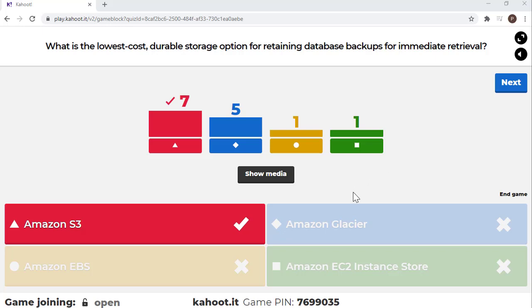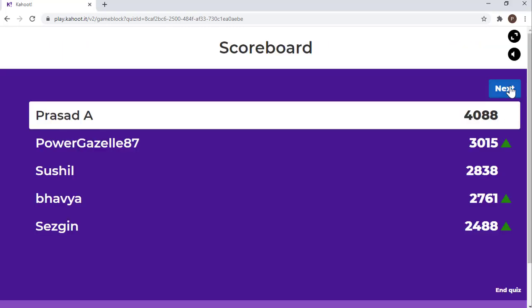Amazon Glacier is not the right answer because it will not be available for immediate retrieval. Glacier is mainly for archival, and it takes time to retrieve the data from the archive. Amazon EBS would not be low cost, and EC2 instance store is not durable storage. You lose it as soon as EC2 is rebooted or shut down. So Amazon S3 is the right answer. Moving on to the next question.